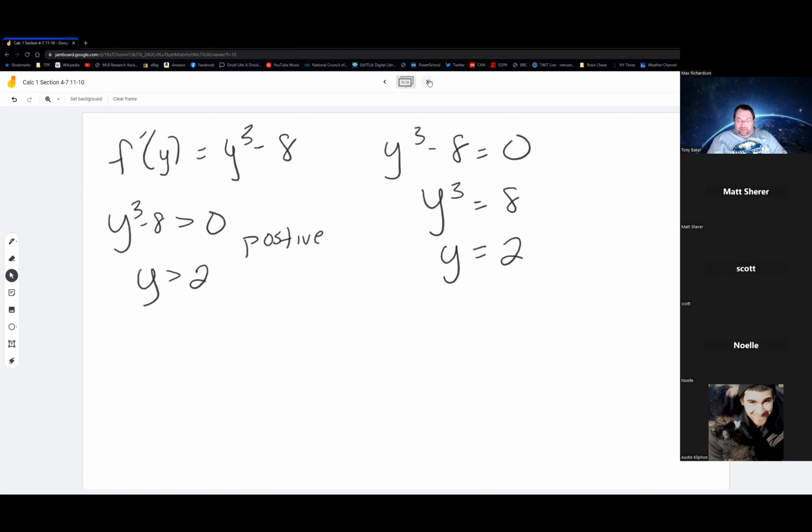And then when y is less than 2, that's when y to the third minus 8 was less than 0, so that's the negative side. So that means it's decreasing to that point and increasing after that point. So 2 is a minimum.